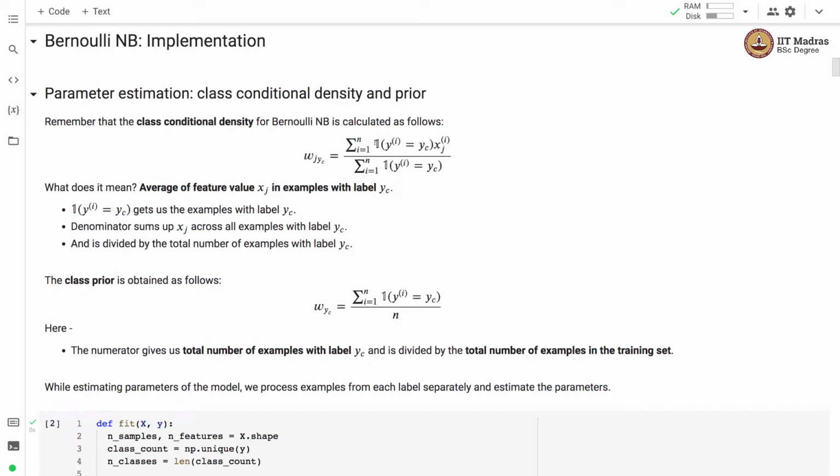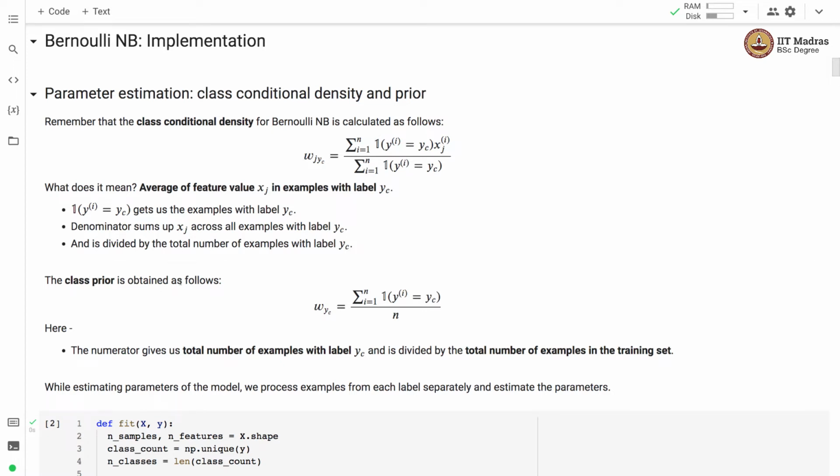You can see that this particular part, which is 1 of yi equal to yc, gets us examples with label yc, and then we sum up xj of i, where i is the index of the example. So we sum up xj across all examples with label yc, and we divide it by the total number of examples with label yc.